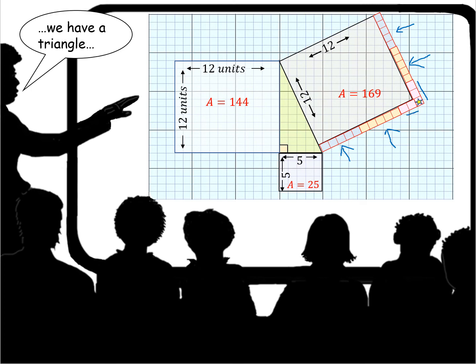And so now we have a 13 by 13 square on the hypotenuse. And if you were to count up each of those little unit squares in that 13 by 13, you would see that they total 169, which is 13 times 13.